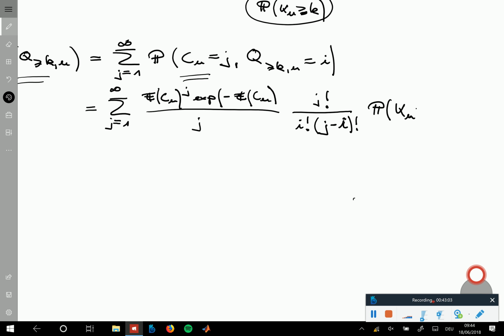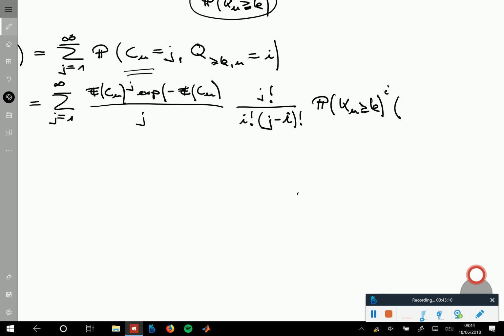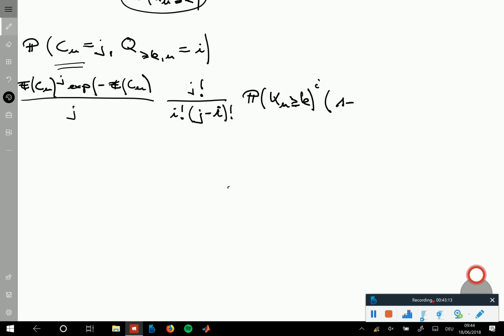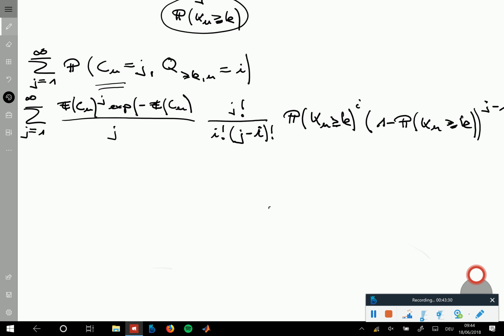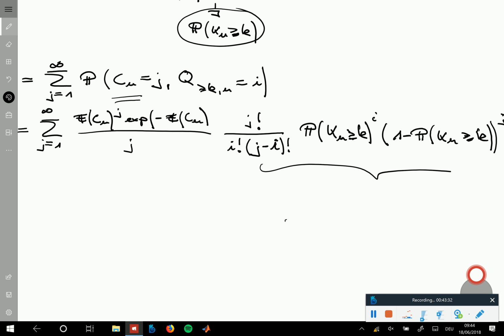And so this is just the binomial form. So that's mu to the power of I, 1 minus mu to the power of J minus I. Just to emphasize this again, this is the conditional distribution that we defined above.